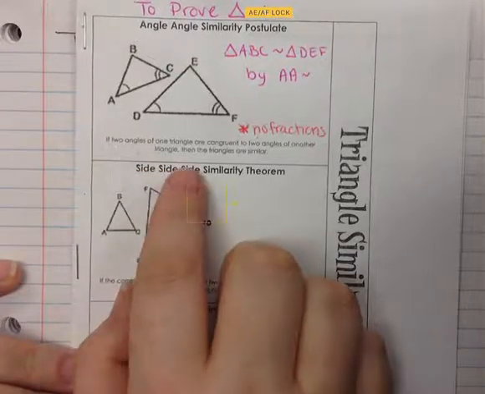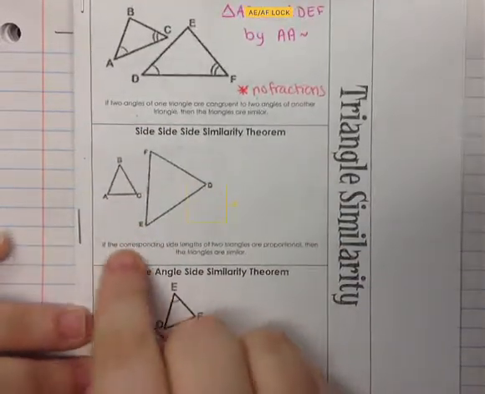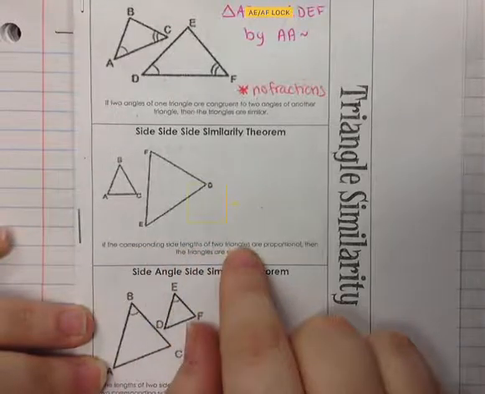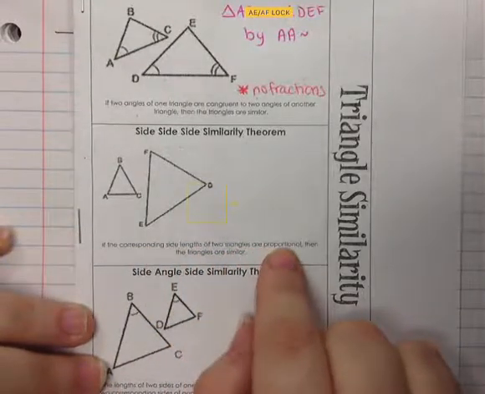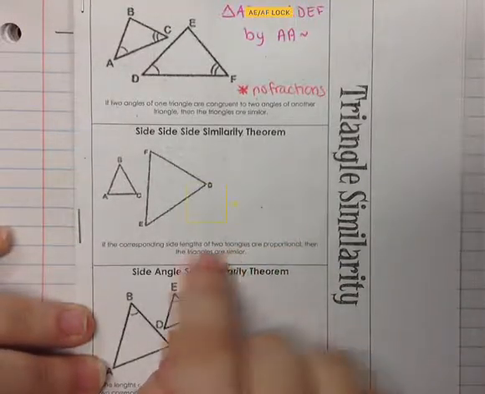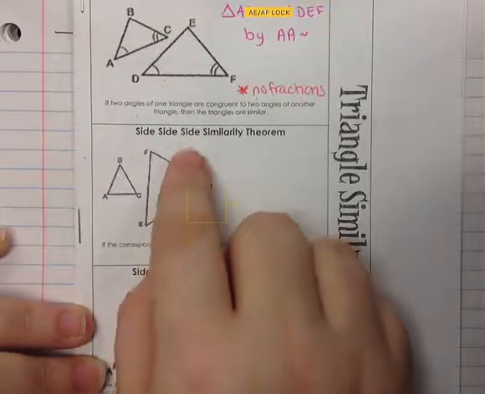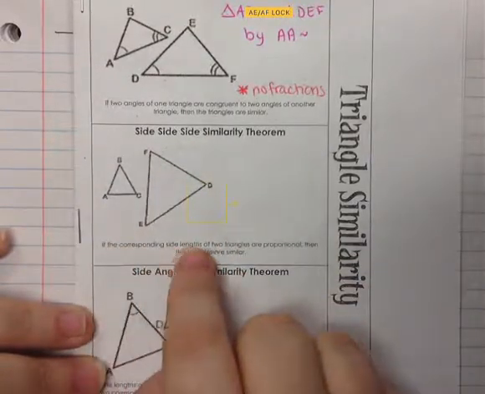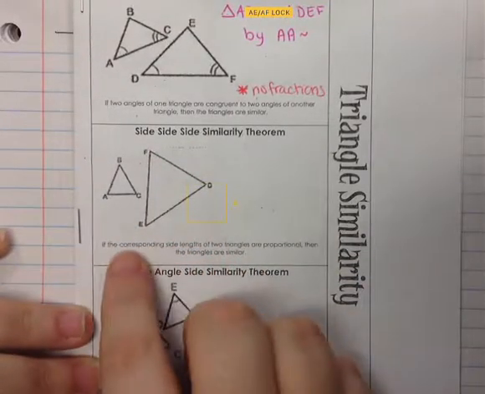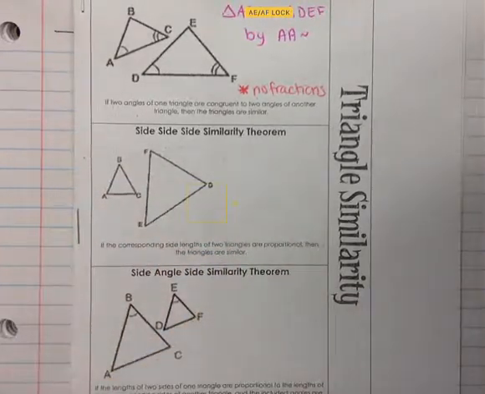So side-side-side, what you have to have is if the corresponding side lengths of two triangles are proportional, then the triangles are similar. So if all three of the sides are proportional to each other, then that means that the triangles are similar to each other.